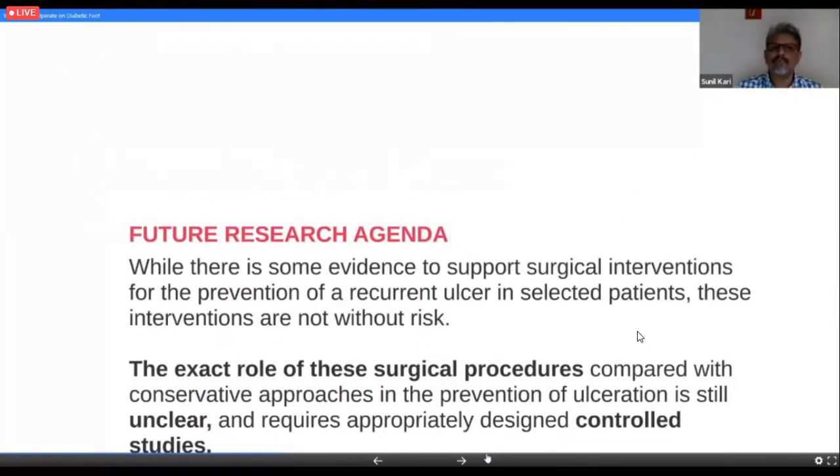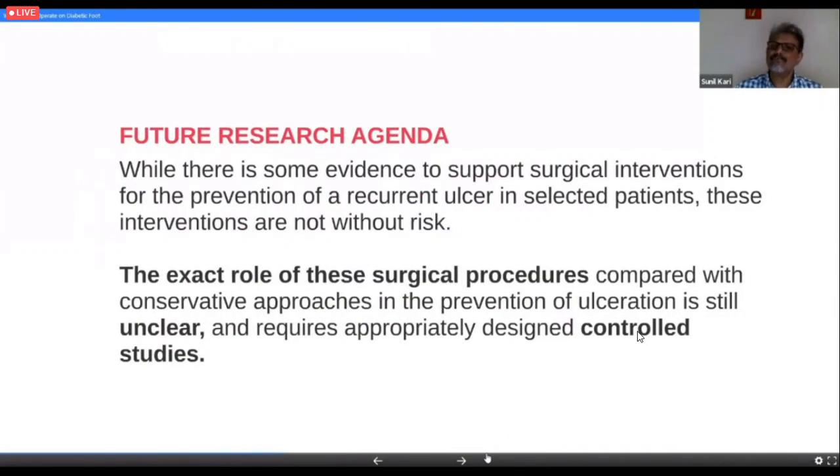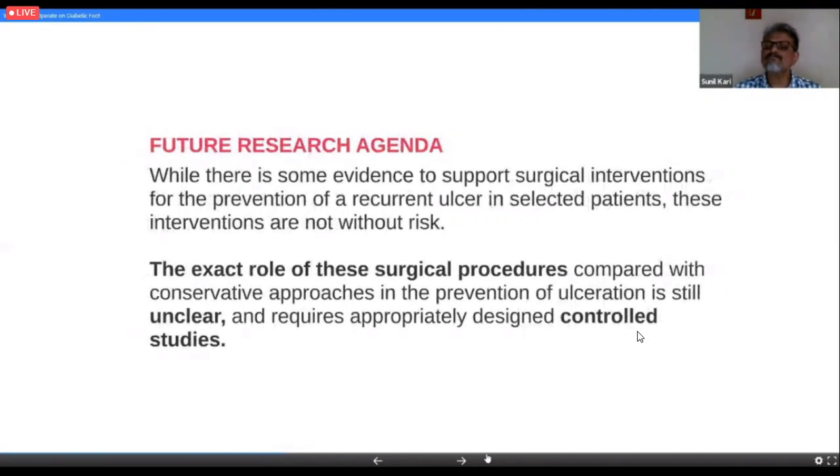They have also concluded regarding surgical offloading that the exact role of these surgical procedures compared with conservative approaches in the prevention of ulceration is still unclear and requires appropriately designed controlled studies.